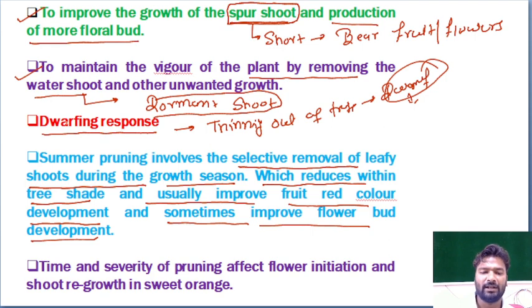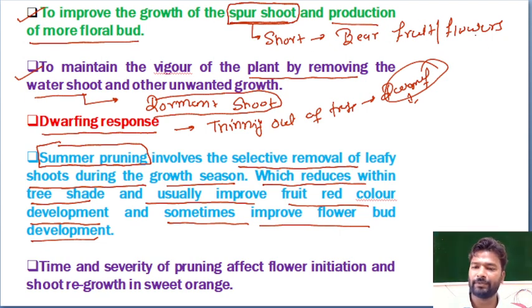So the most prominent pruning type is summer pruning, which reduces the shade within the tree, meaning it optimizes the leaf area index.